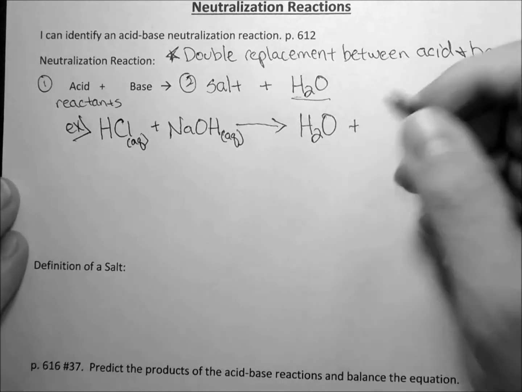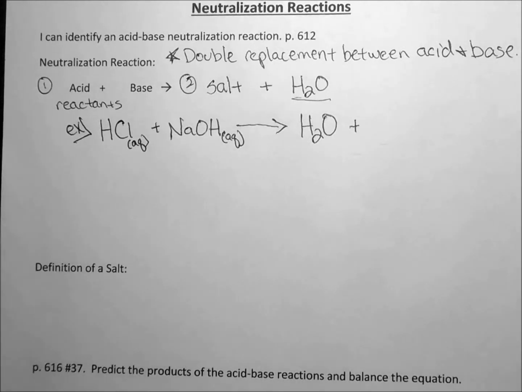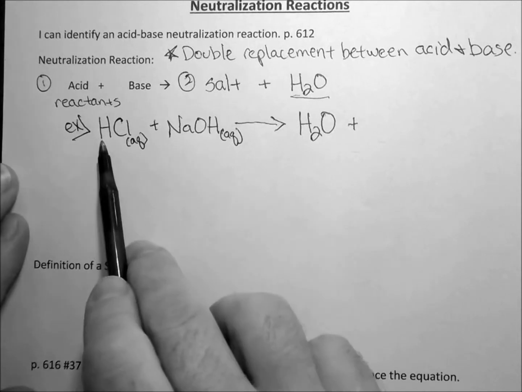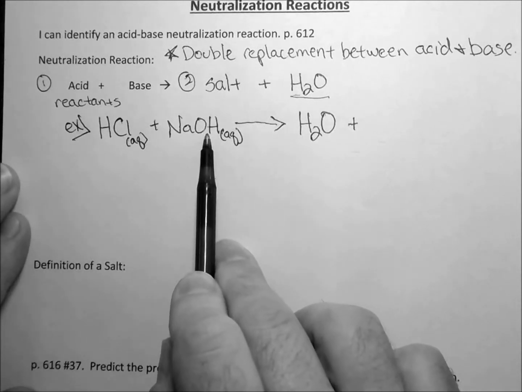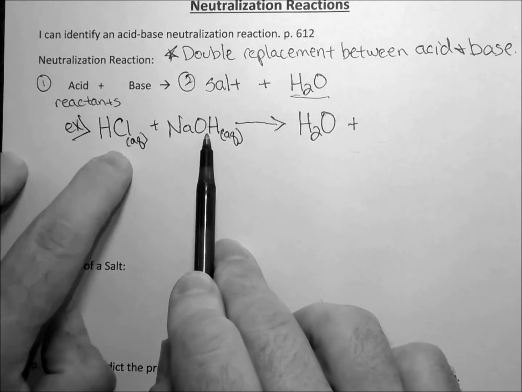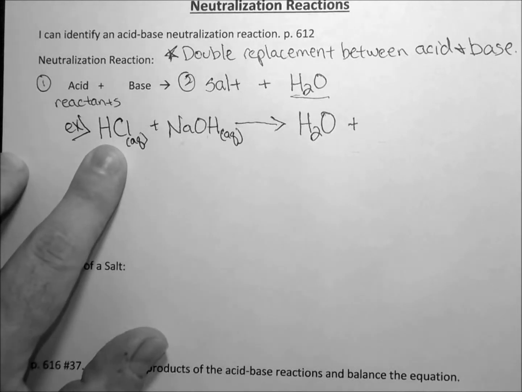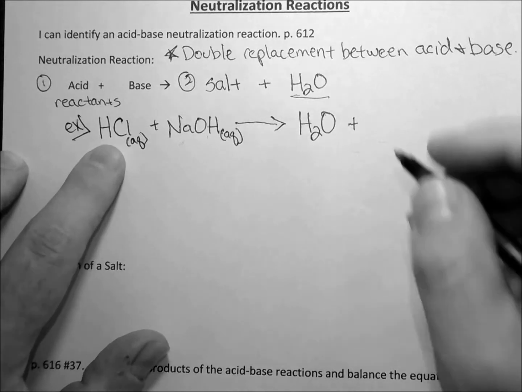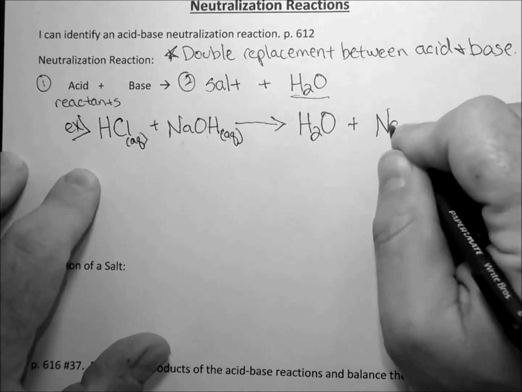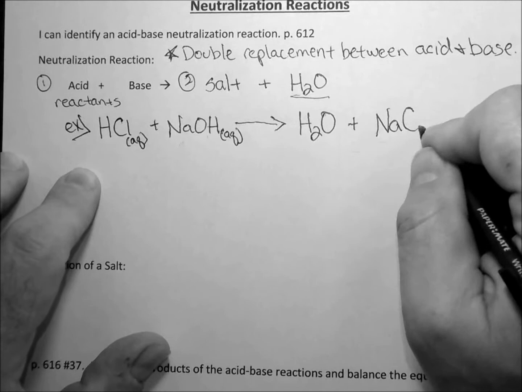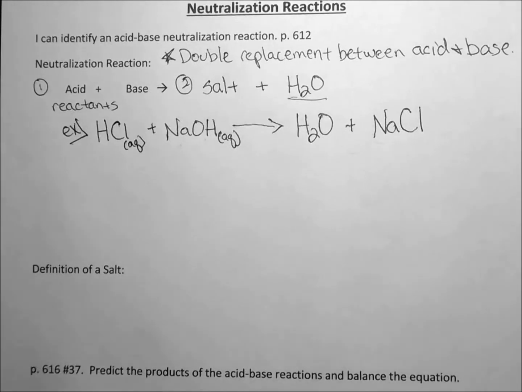And then the second thing I need you to do is take a look at what switched partners. This H here went with the hydroxide to form water, so we have Na and Cl that form a new partnership. Remember, the metal Na has to go first and the Cl has to go second.